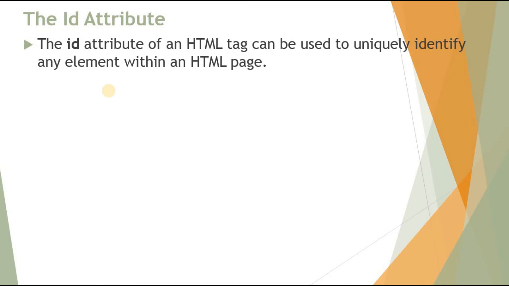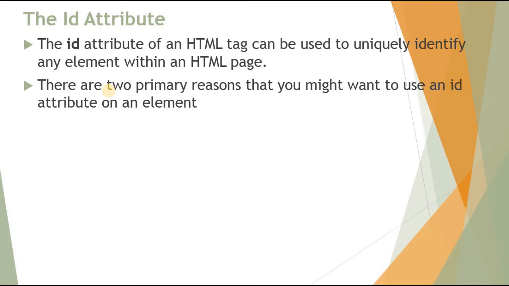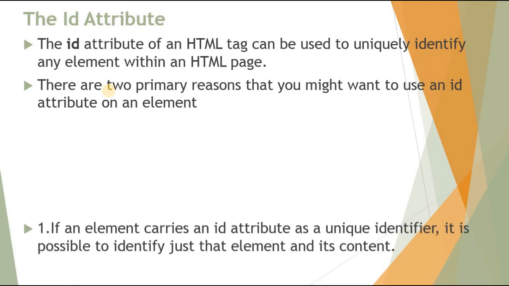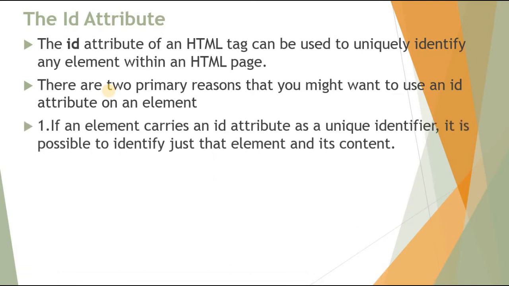The ID attribute of an HTML tag can be used to uniquely identify any element within an HTML page. There are two primary reasons that you might want to use an ID attribute on an element. First, if an element carries an ID attribute as a unique identifier, it is possible to identify just that element and its content.